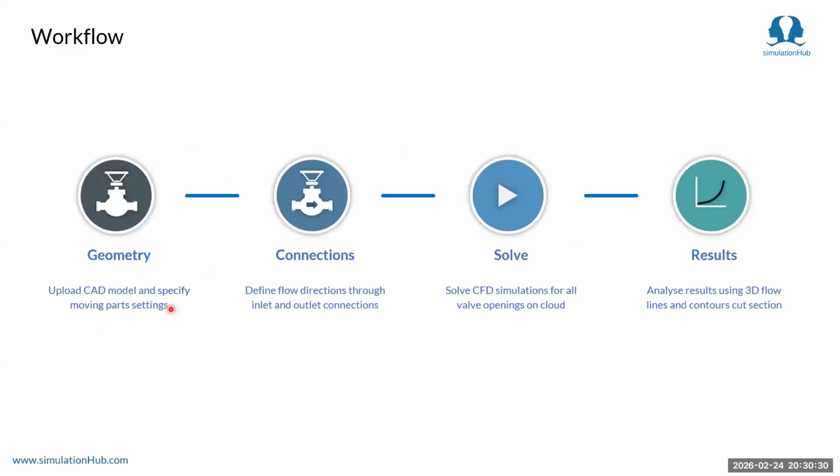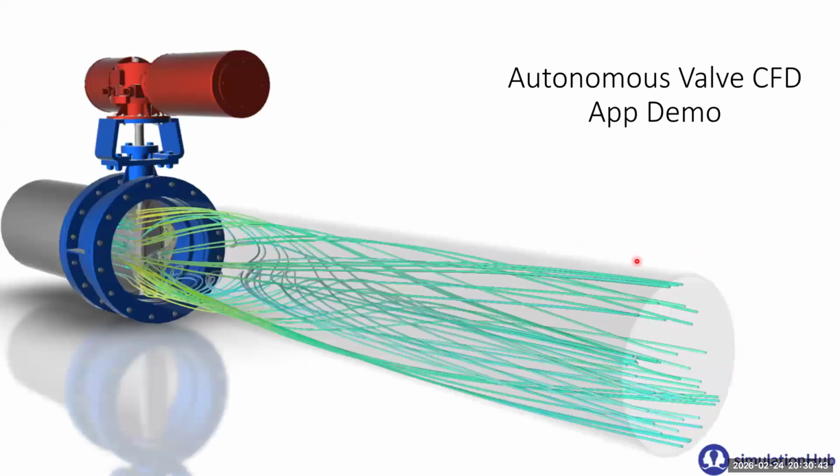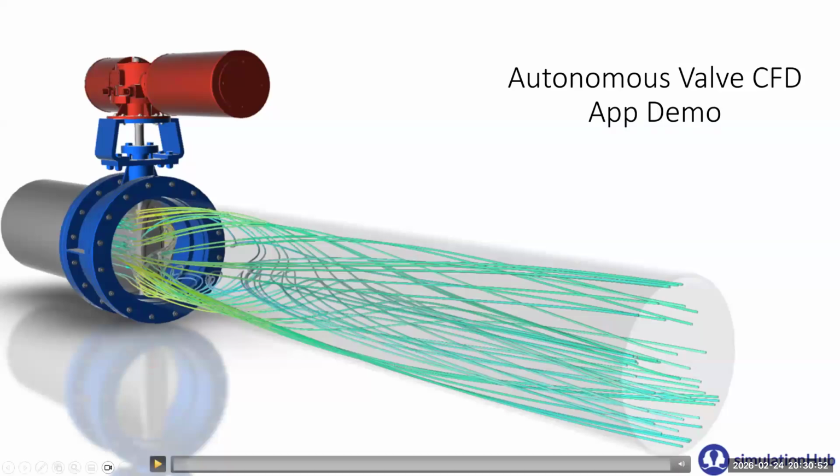The workflow is very simple. As I said, you upload your CAD model, specify the flow direction, solve it on cloud, and view the results in the browser. So let's look at a demo of the app.